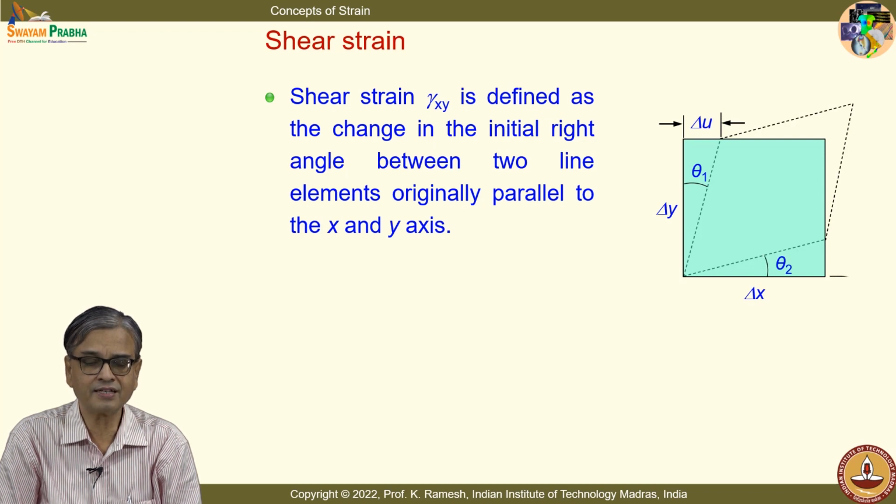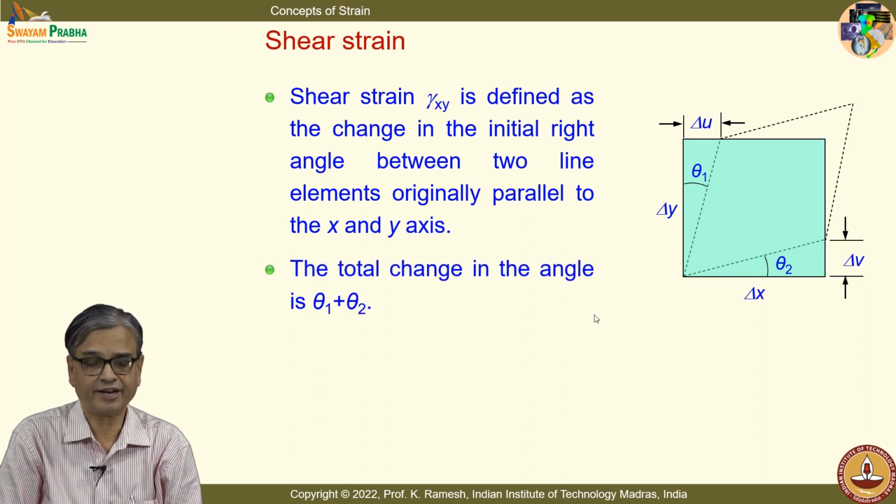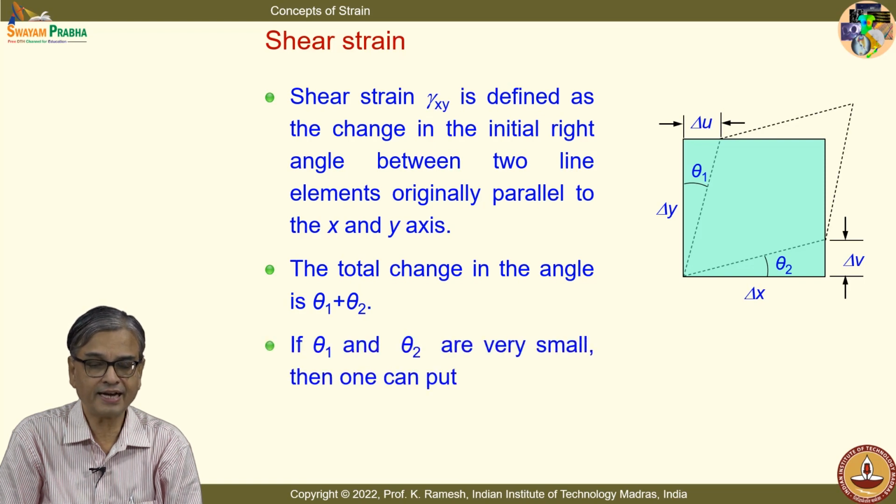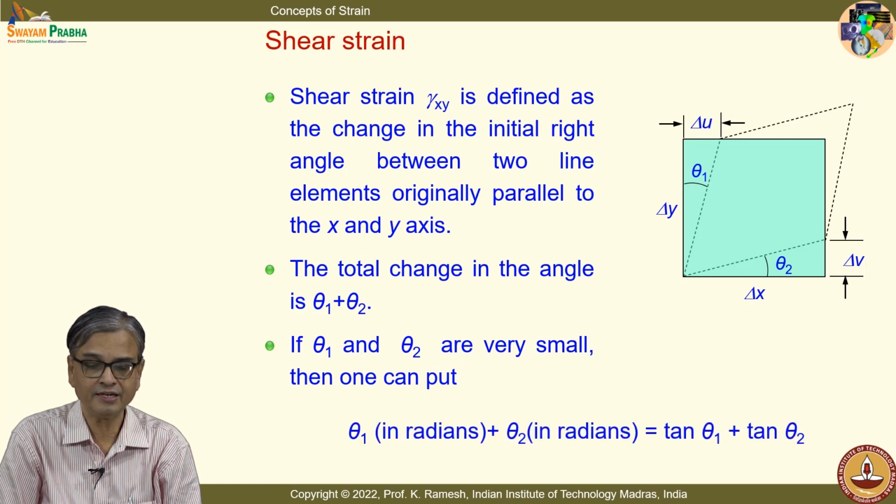And when I have this, the angles theta 1 plus theta 2 give me the shear strain. When the angles are small, I can express them in terms of delta u and delta y, delta v and delta x, as the summation of tan theta 1 plus tan theta 2. You know how to calculate tan theta 1.